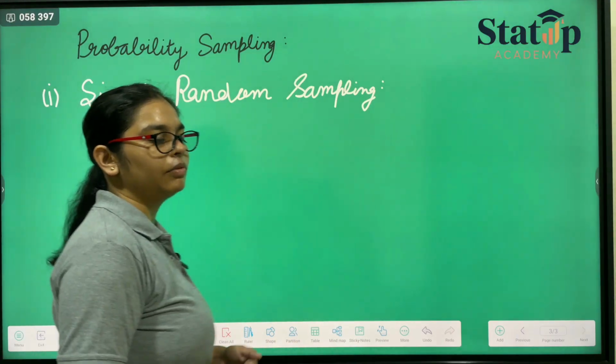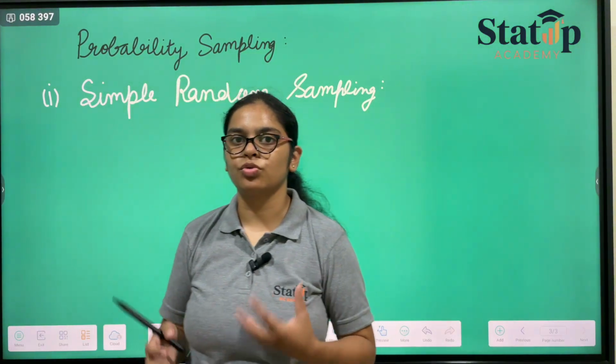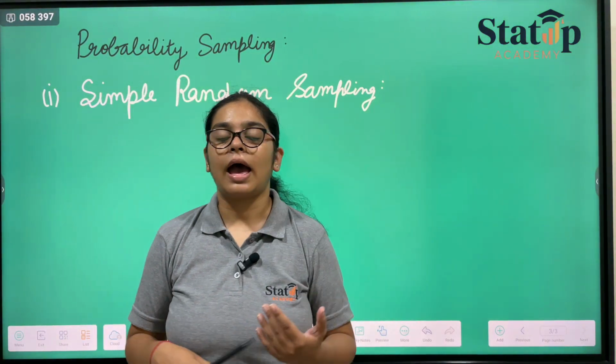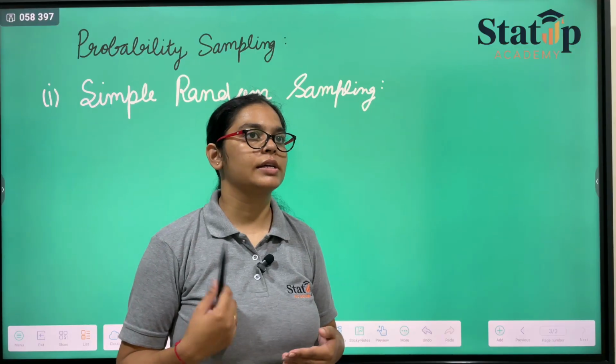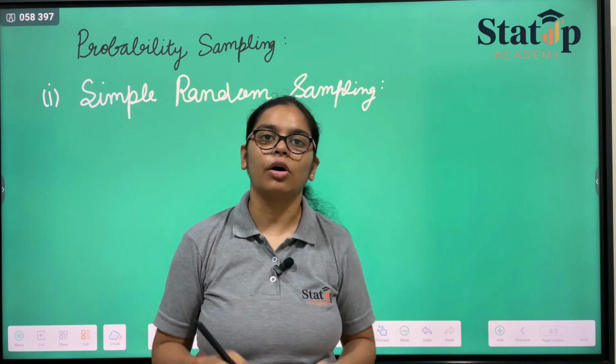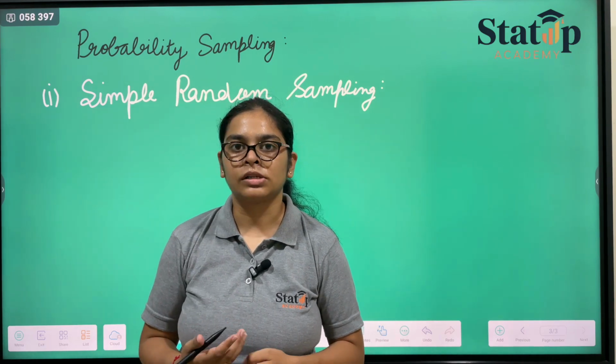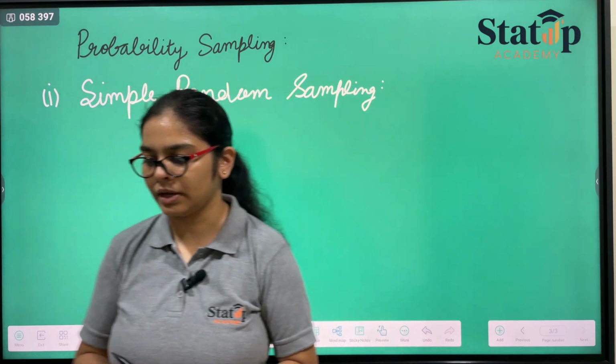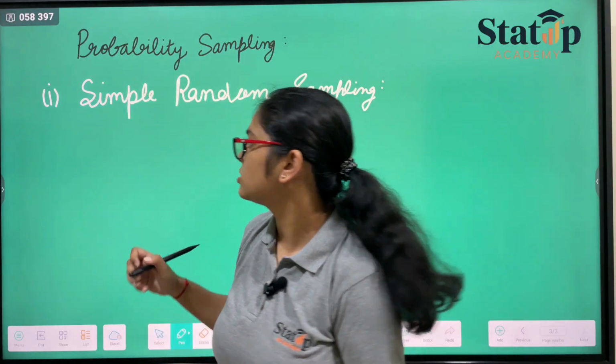Again, we will take a sample and choose one unit, and the probability of choosing that unit is equal to the probability of choosing any other unit of the same sample. So equal chances, and hence this sampling is also known as the method of chances.